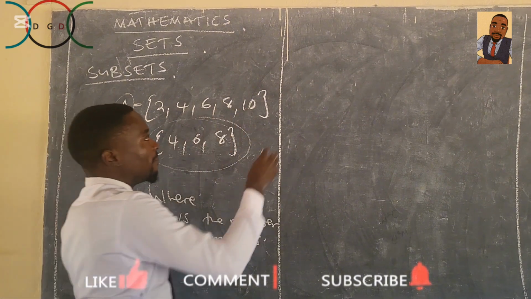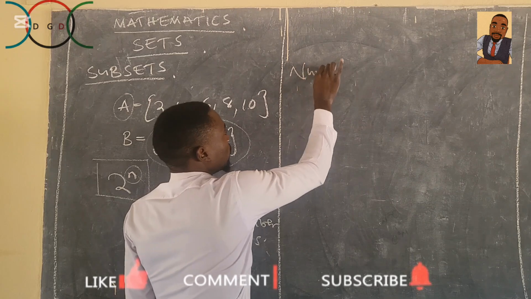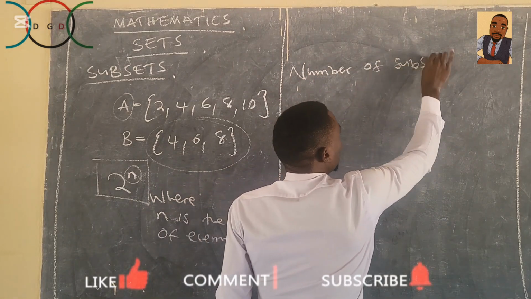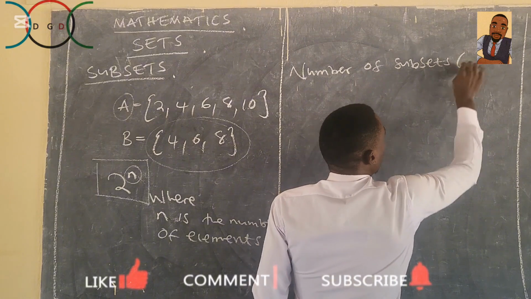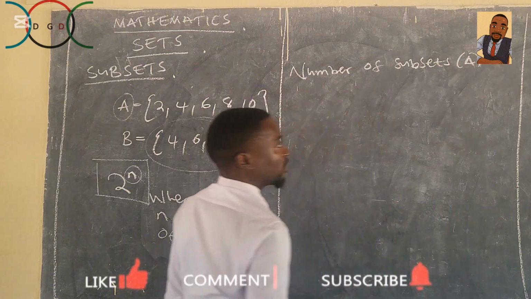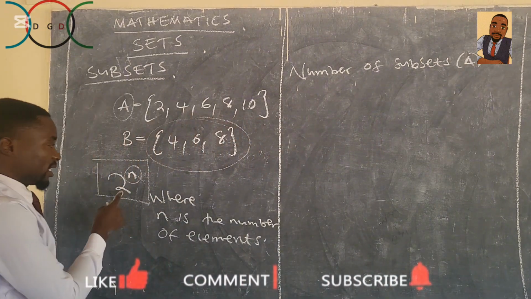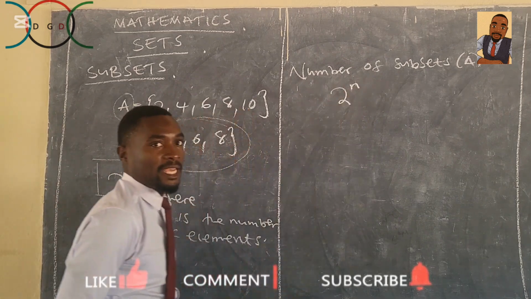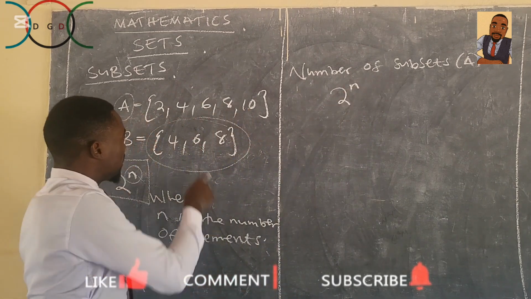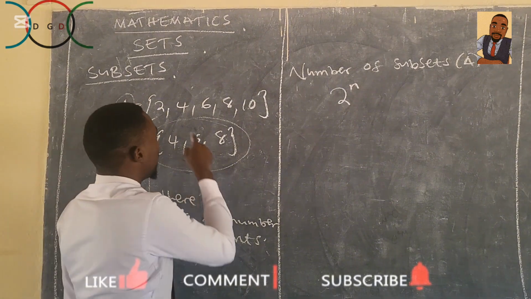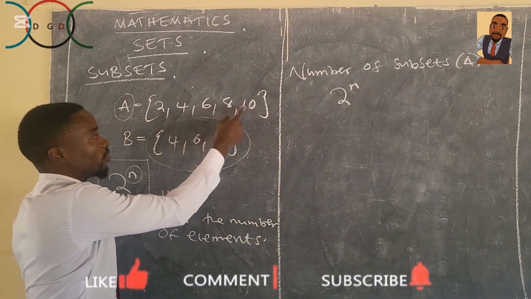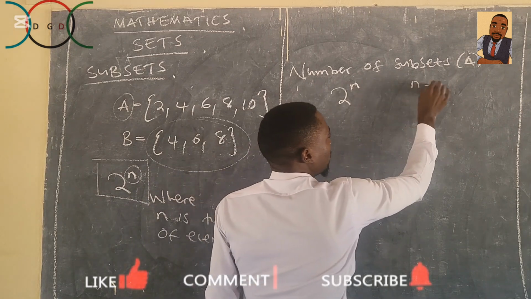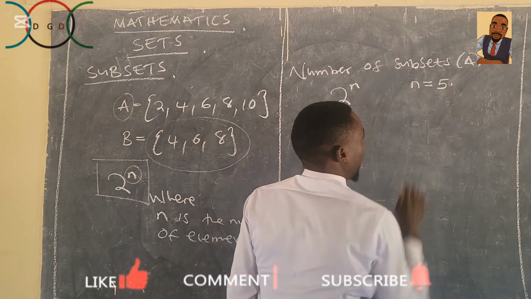So to find the number of subsets in the set which is A, we are going to write our simple formula, which is 2 to the power n. And then in this set A, we are having 5 elements, meaning there, the number of elements which is n is equivalent to 5.